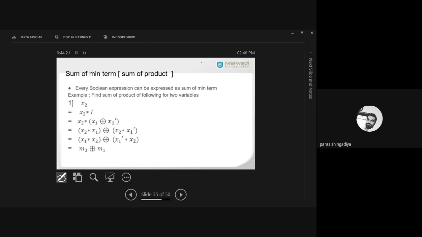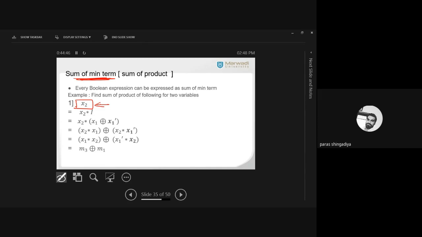Now next topic is that is called a canonical form. Okay, otherwise it is called sum of the min term, and another one is also called sum of the product. Okay, so what is the meaning of sum of the min term? So here one of the canonical form is given, means one of the Boolean expression is given, which include only one variable.